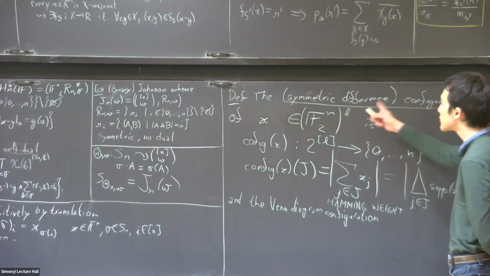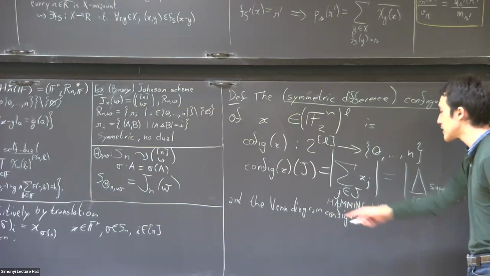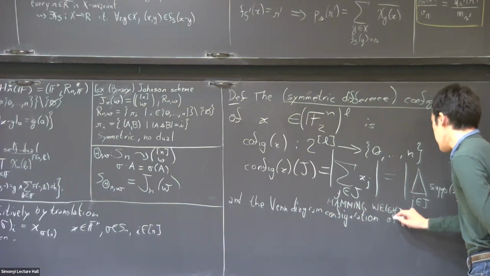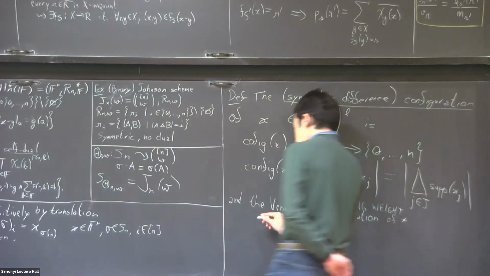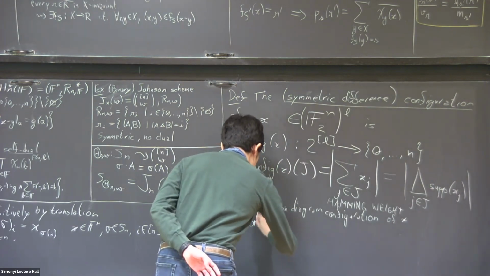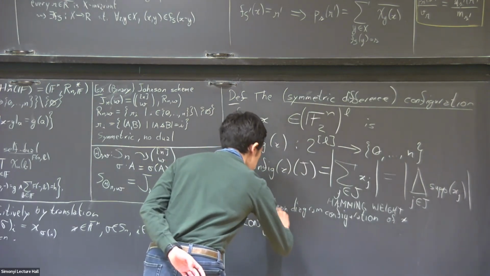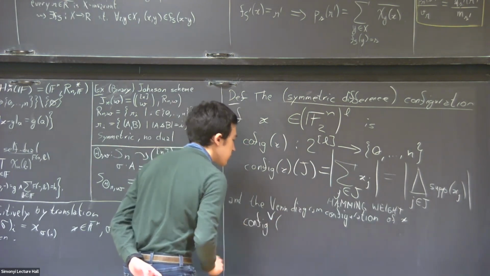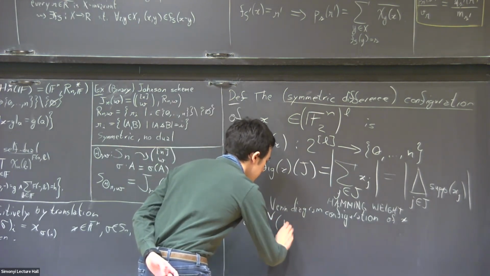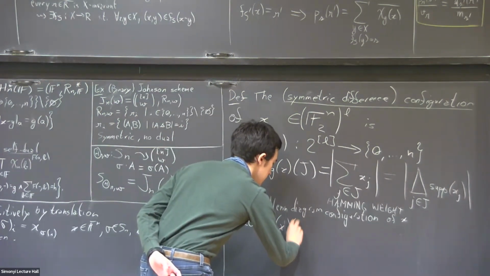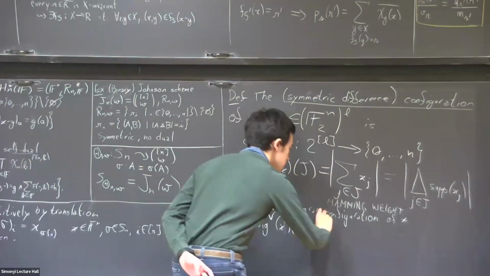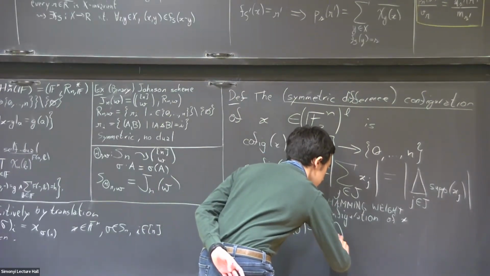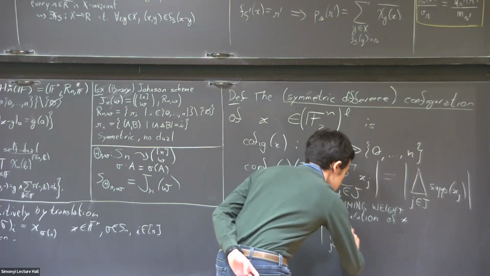Configuration means symmetric difference. Here, I will always say Venn diagram. So of x, it's going to be config, a function that looks the same, but I'm always going to put the V to distinguish it for Venn diagram. And config of x at j is the size of the corresponding Venn diagram cell. So it's this.